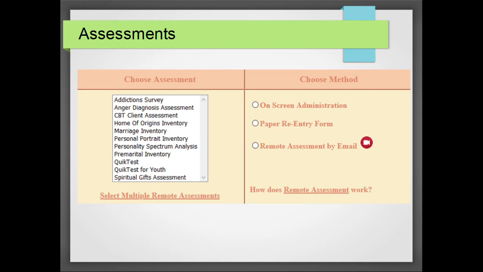Quick test. This is our flagship assessment created back in 1988. It's been used thousands of times, probably tens of thousands of times, and it measures anxiety, depression, and the potential for self-harm very accurately, very quickly. That's why it's called a quick test.